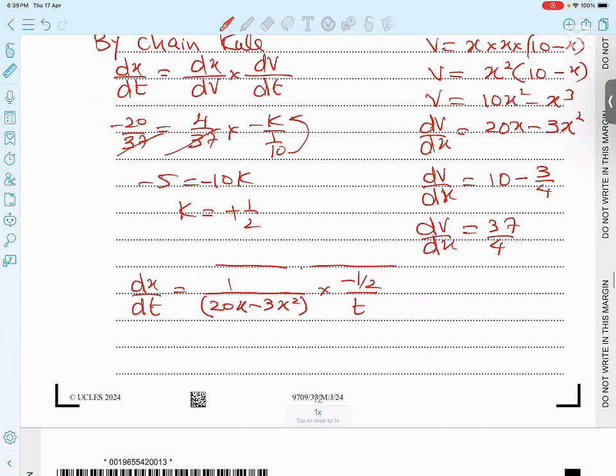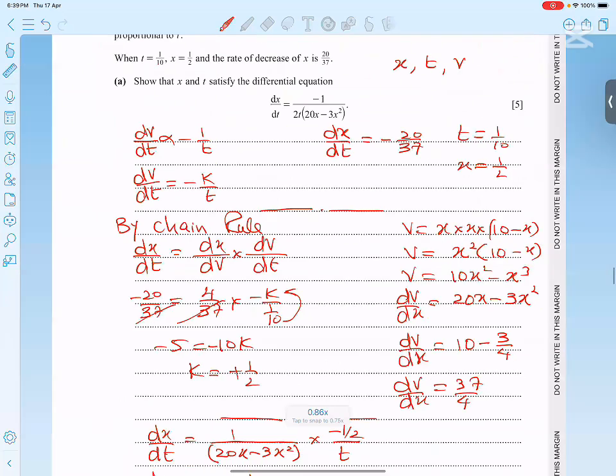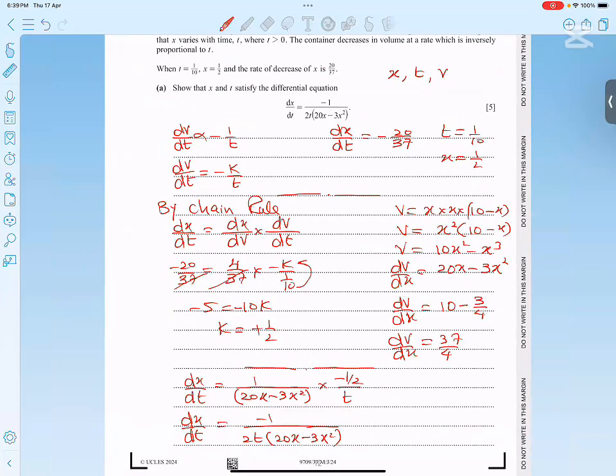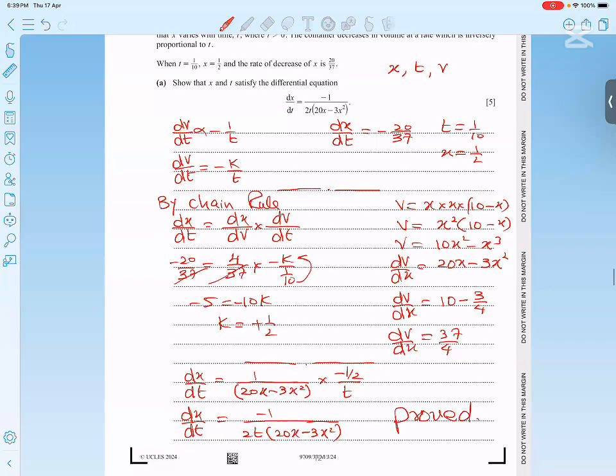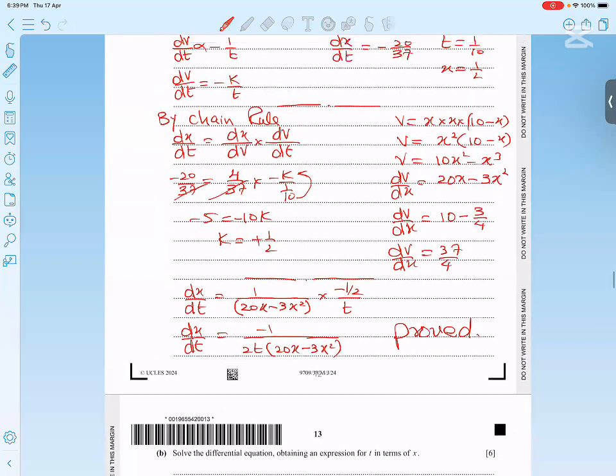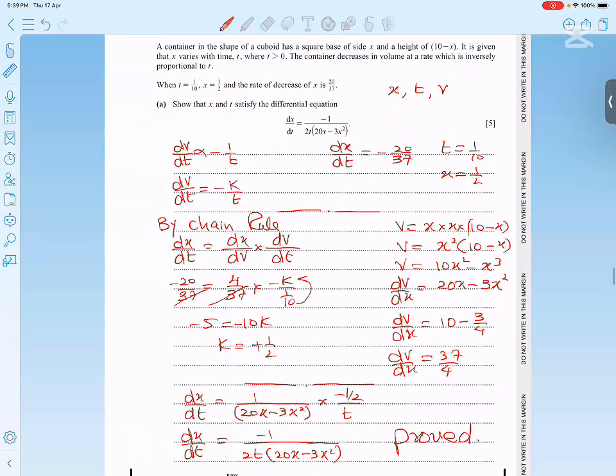If you look carefully, this will flip and become 2t. So ultimately, I got negative 2t up and 20x minus 3x to power 2 down. So this is clear, dx by dt. And what was the target to achieve? The same target is proved. I hope the concept is very clear. So the first proving part is done.